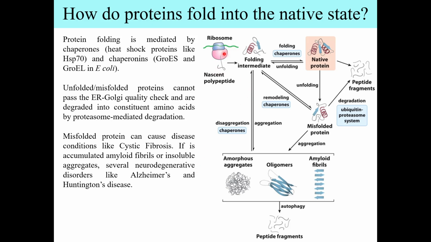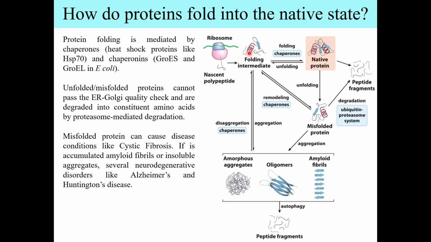Okay, so here what we see in the figure is that the nascent polypeptide chain is getting produced by translation, and the nascent polypeptide chain is actually unfolded, unmodified by post-translational modifications, and that is why it is called nascent or virgin polypeptide chain, right?